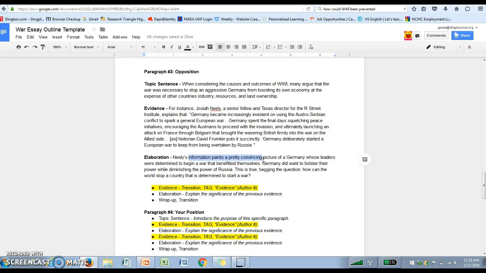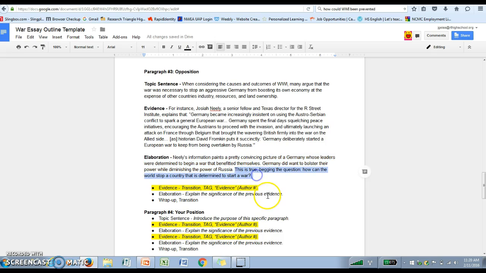It's admitting the fact that what Neely says is correct and convincing, and that what he wrote about Germany is all true. And the elaboration summarizes his position on Germany in my own words as a writer, so that I can clarify why this is important and what I want my readers to know about it. It clarifies the significance of the evidence.